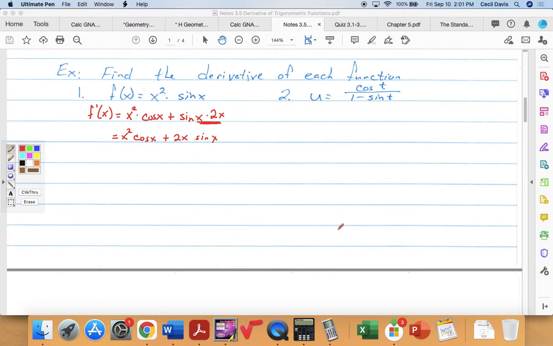Okay? All right. We can also do things like this, where u is equal to cosine of t over 1 minus sine t. Well, we can use the quotient rule on that.